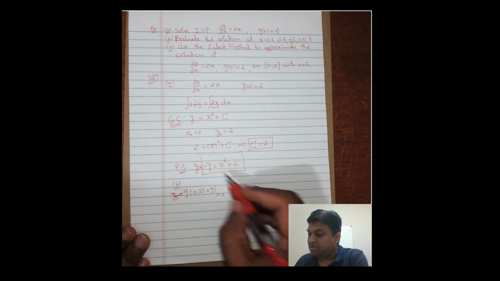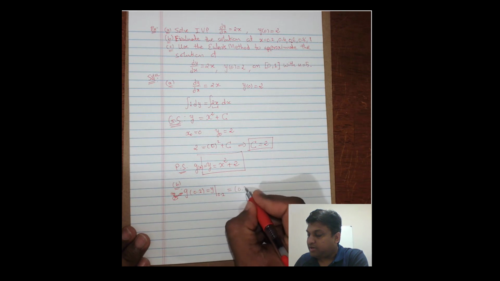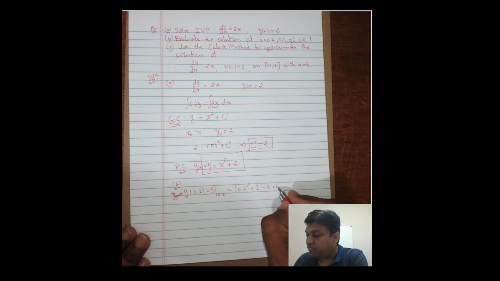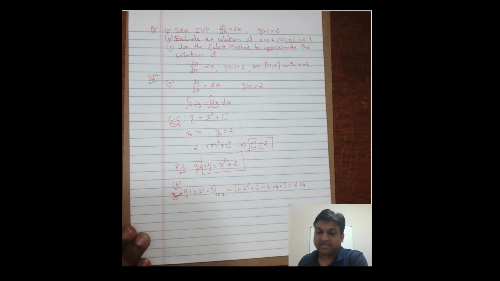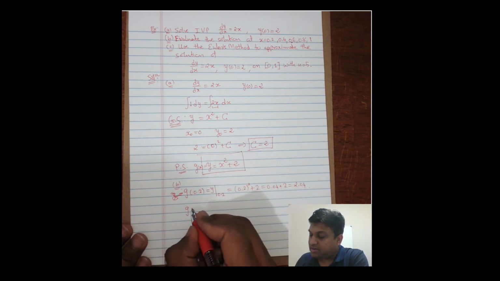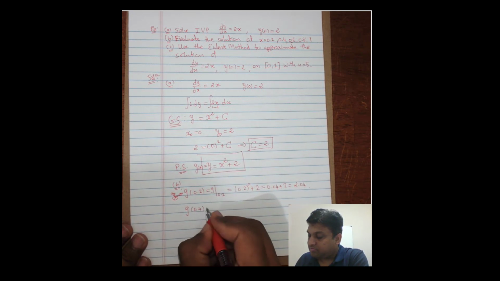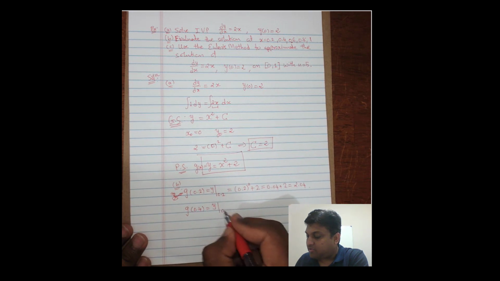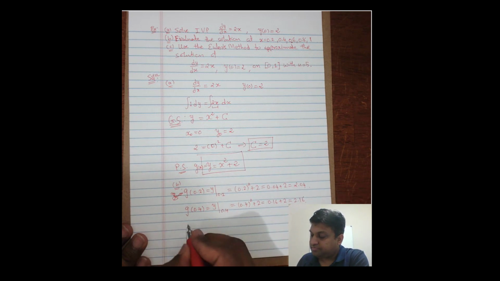Plug in x = 0.2: 0.2 squared plus 2 gives 0.04 plus 2, which is 2.04. Calculate y at 0.4: 0.4 squared plus 2, 0.16 plus 2, is 2.16.